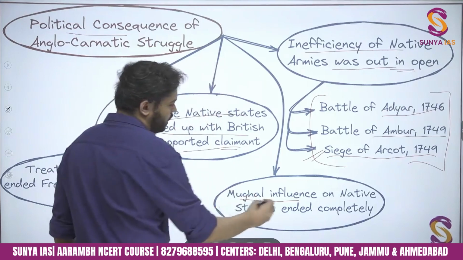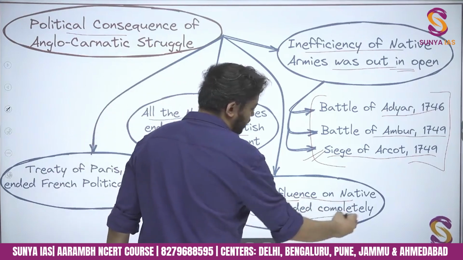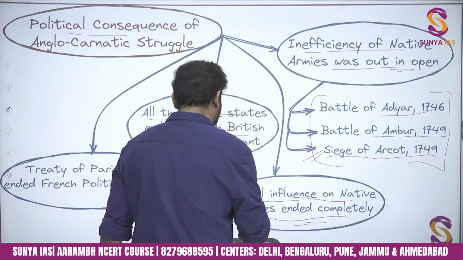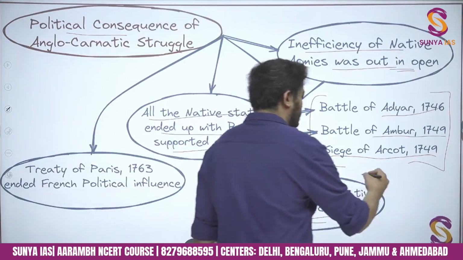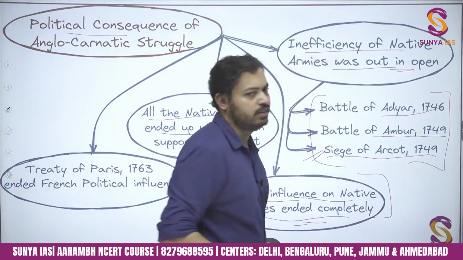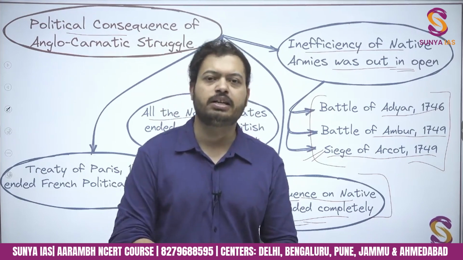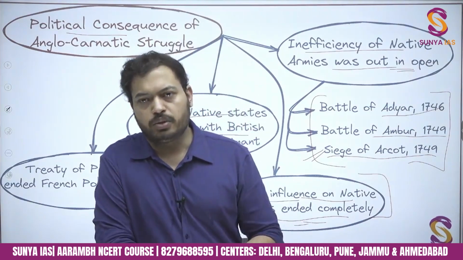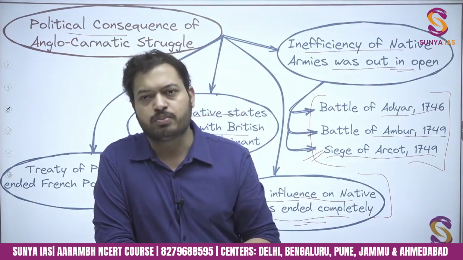Now, Mughal influence on the native states ended completely, because this was the period when the Mughal authority didn't even issue a single reprimand to either of the stakeholders about what needs to be done.